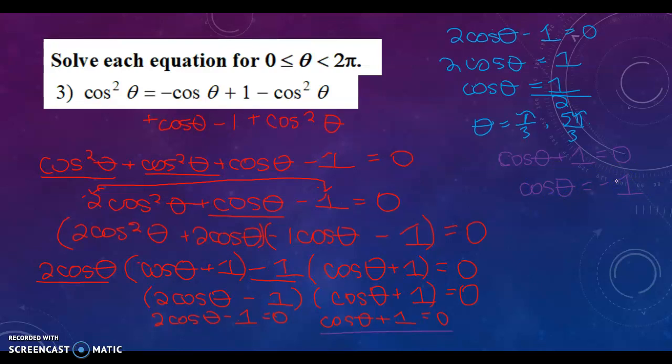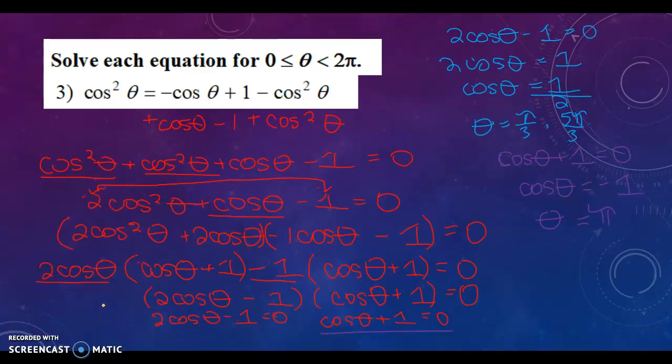Right, and now I've got to ask myself, all right, when does cosine equal negative 1? Or in other words, when on my unit circle do I have a terminal point with an x value equaling negative 1? In this case, I know that x equals negative 1 at pi.